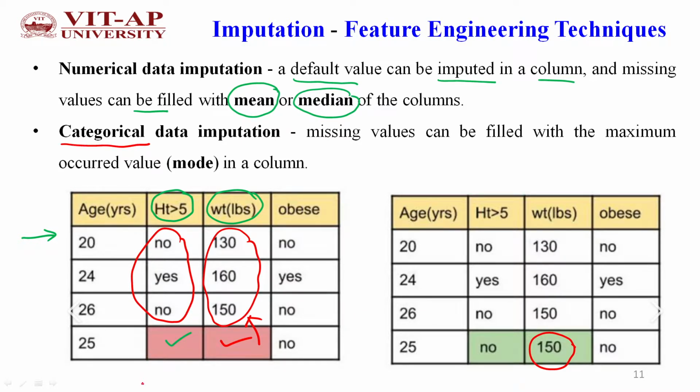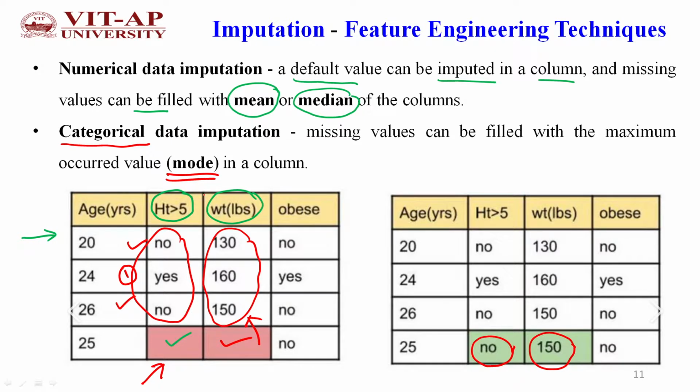Likewise, for categorical values you can take the maximum number of occurrences of the feature value. Here no is appearing two times, yes is appearing one time. So no is appearing more than yes, so we can fill that missing value with no. This is called mode.